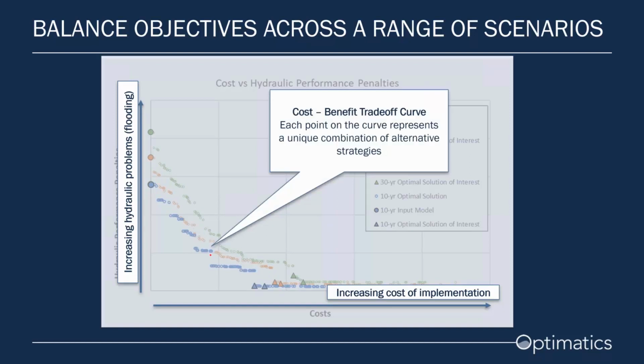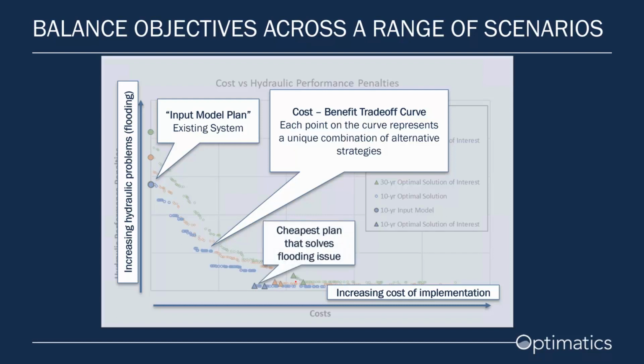As I mentioned, each of our curves is representing a cost-benefit trade-off, where each point is a unique combination of strategies. The circles represent our starting point, so they're all obviously at zero cost, but they have reasonably high levels of flooding. That's where we started from in each of the 10, 20 and 30 years.